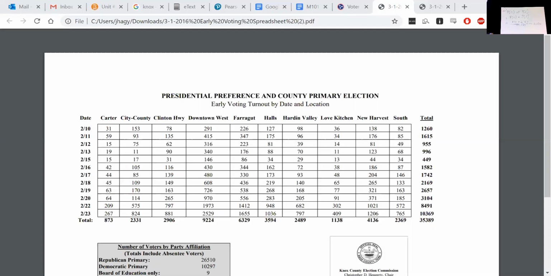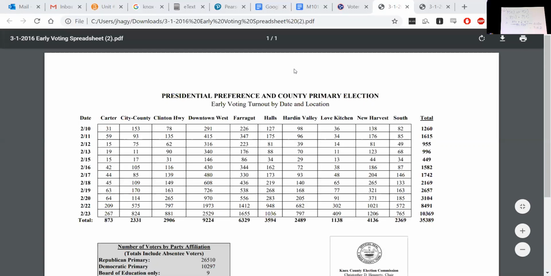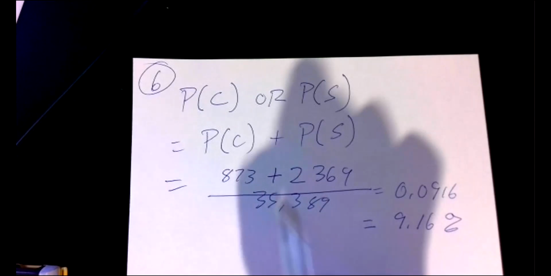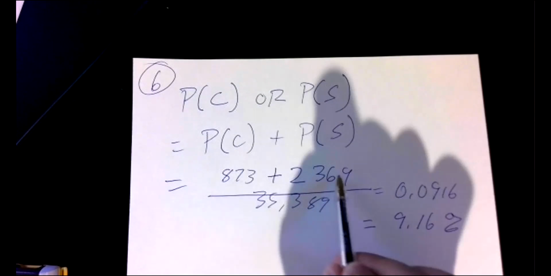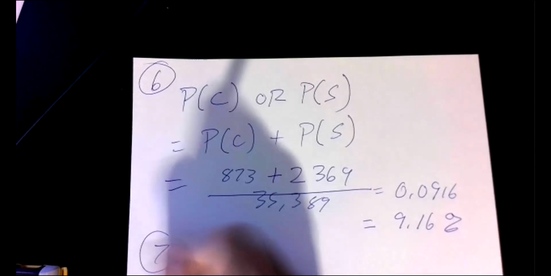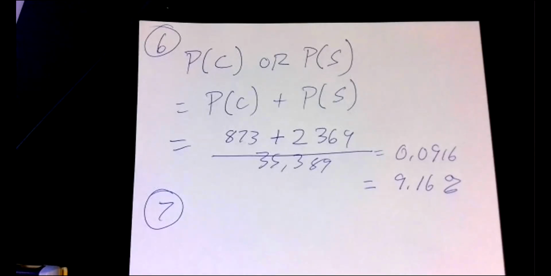That's .0916 times 100, 9.16%. So we add them both together. It doesn't matter if they voted at either or. It's not possible to vote at both.